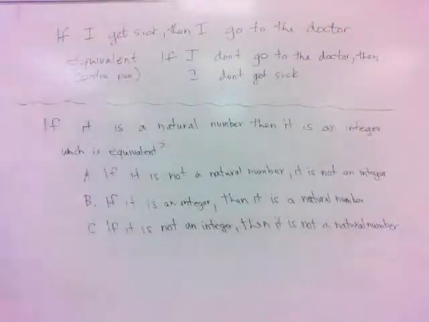Okay, let's write those down for a second. A is if it is not a natural number, it is not an integer. B is if it is an integer, then it is a natural number. And then C, if it is not an integer, then it is not a natural number. Any of those equivalent? None of those equivalent? What do you think?